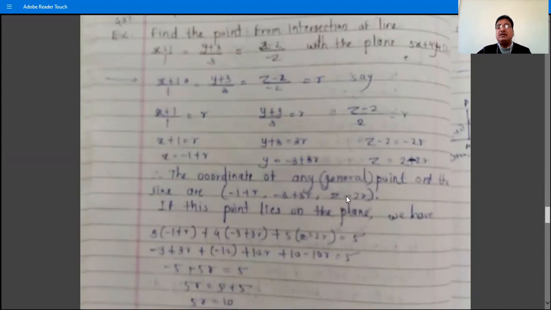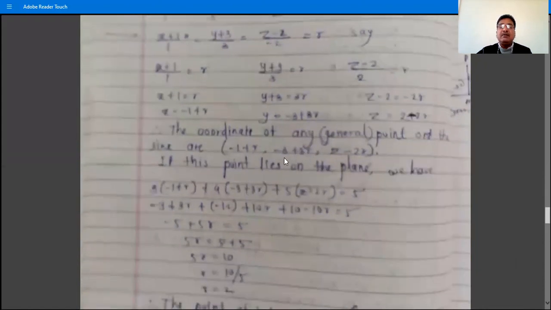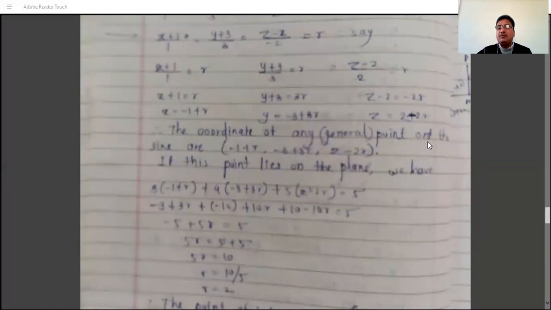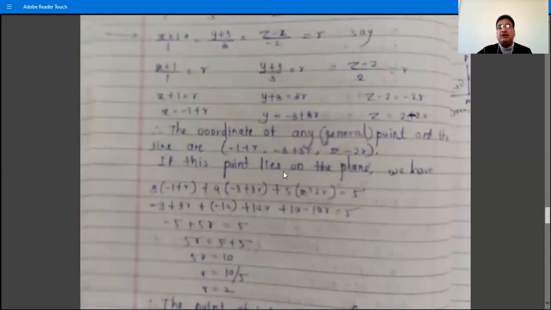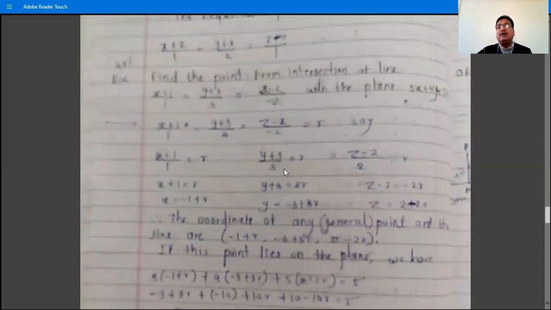As per the position of the point on the line, this r changes. If we take different values of r, we get different points on the line. So any point, or general point, on the line has coordinates of this type.